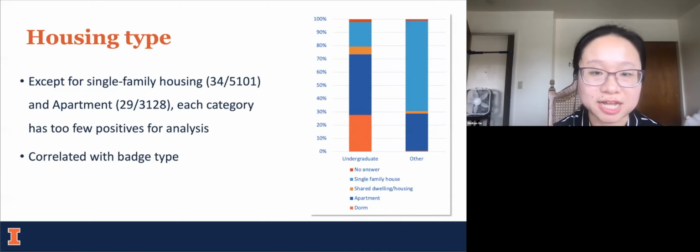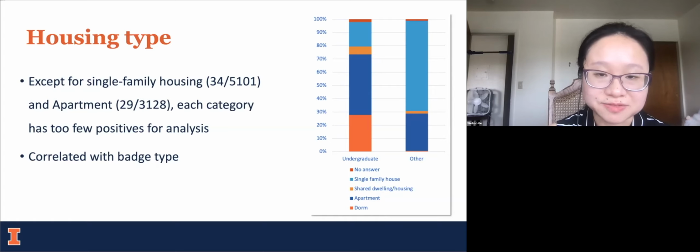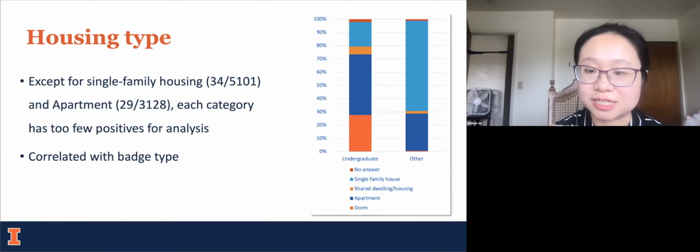And for the housing type, again, we met with the analysis issue that we have too few positives. But we found that the housing type is correlated with the batch type, that the undergraduate students' housing type components are very different from the other groups.